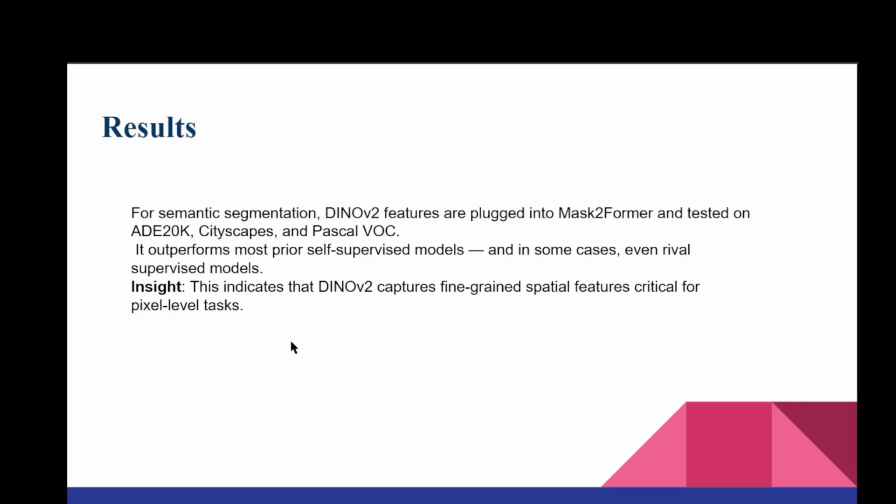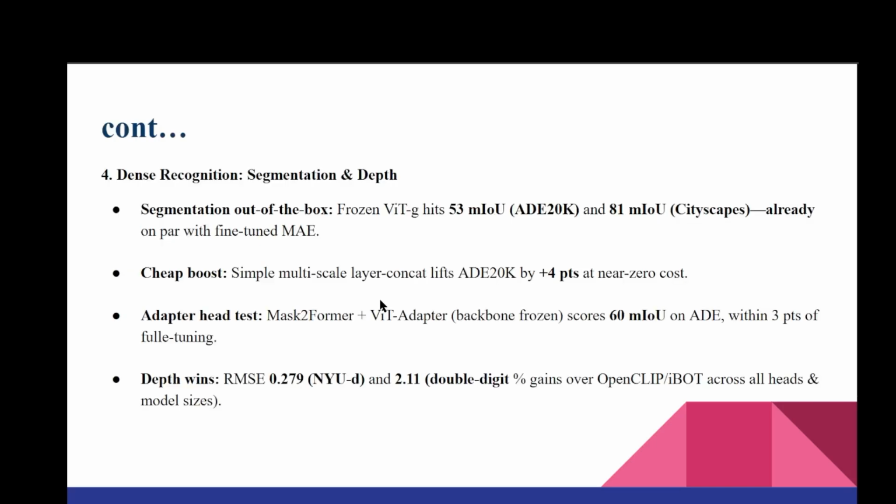So the key takeaway is for semantic segmentation, DINOv2 features are plugged into Mask2Former and tested on ADE20K, Cityscapes and Pascal VOC, and it outperforms most prior self-supervised models. And the key insight is that it indicates DINOv2 captures fine-grained spatial features critical for pixel level tasks.